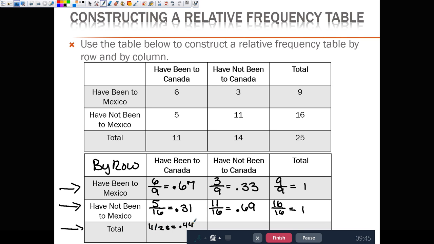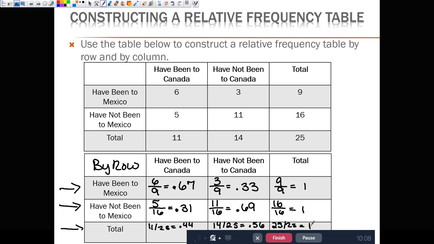Okay. And what's my next ratio? Yes. 14 over 25. Which as a decimal would be what? 0.56. And we'll have 25 over 25, which is 1.